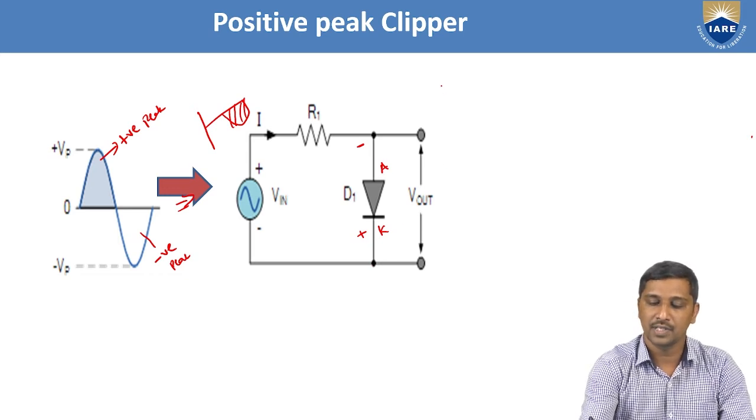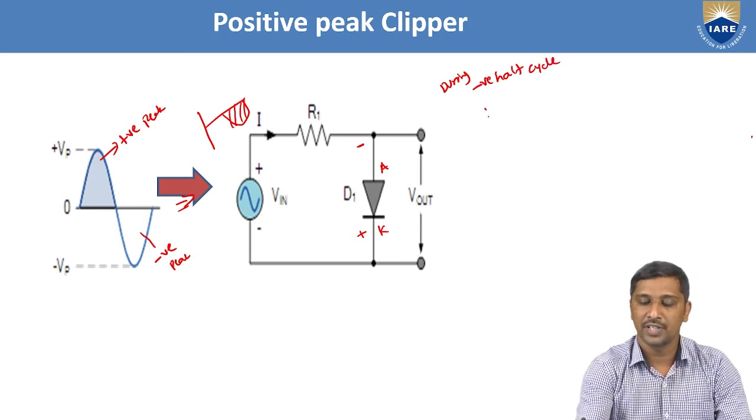So during this negative half cycle, based on the negative peak across the diode, your anode is approaching the negative and the cathode is approaching the positive. Hence, diode D1 becomes reverse biased.